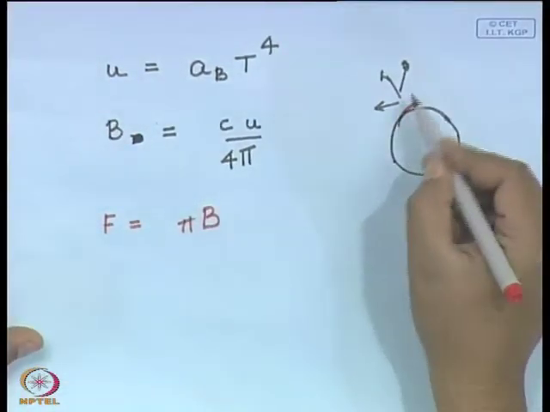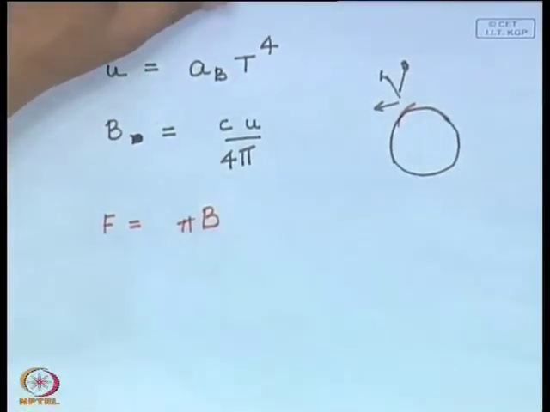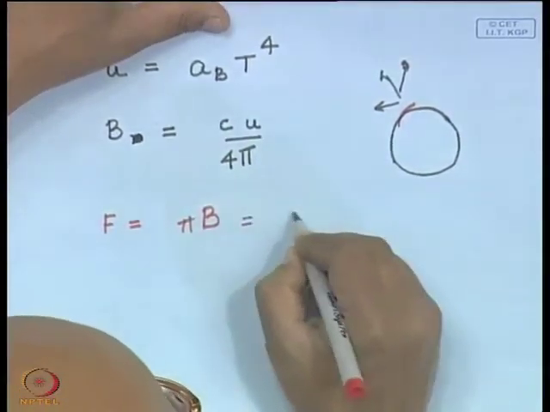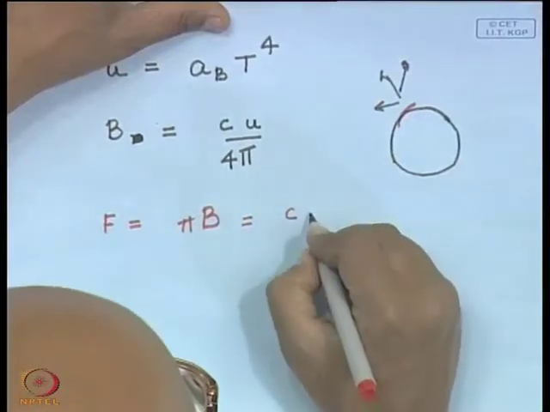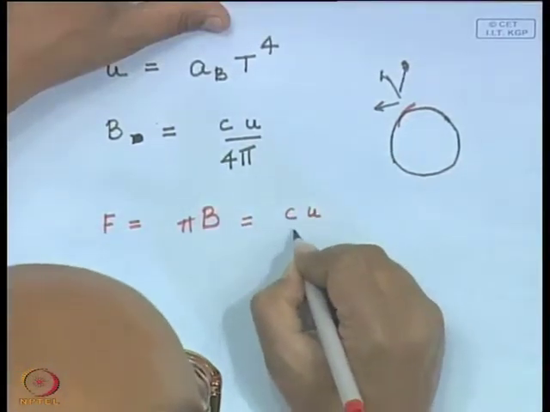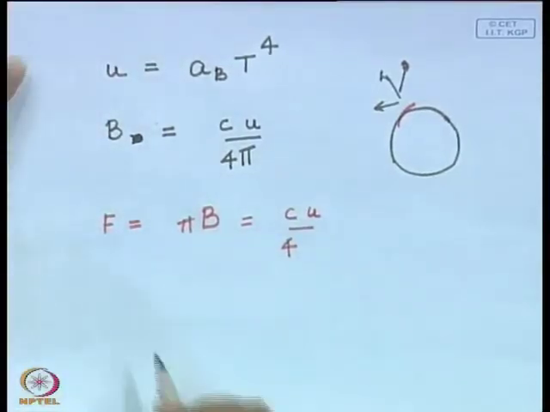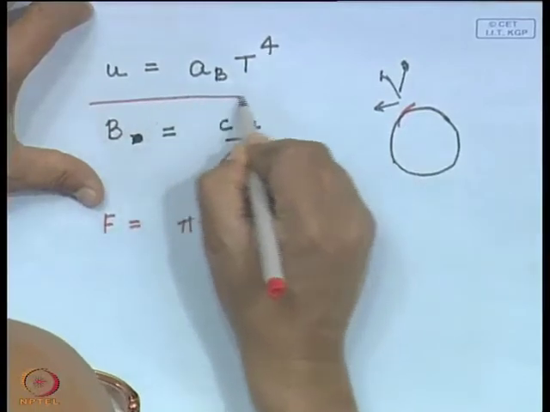You have to just integrate over half basically. Okay. So, this was what we had seen, that the flux is equal to pi into B. So, the flux is equal to C times U by 4. So, this is actually what is called the Stefan-Boltzmann law.